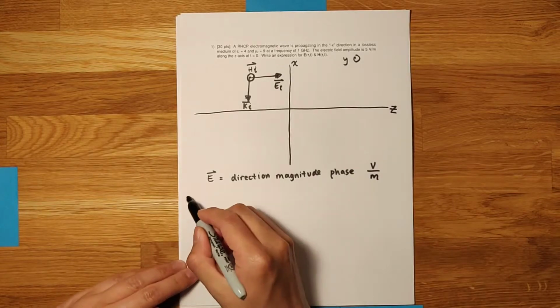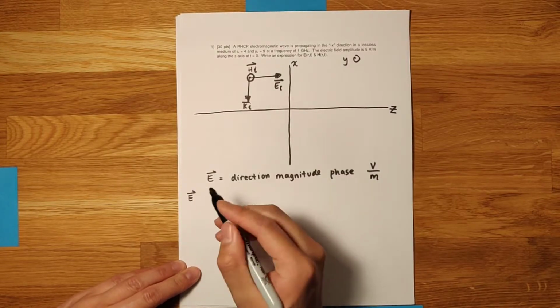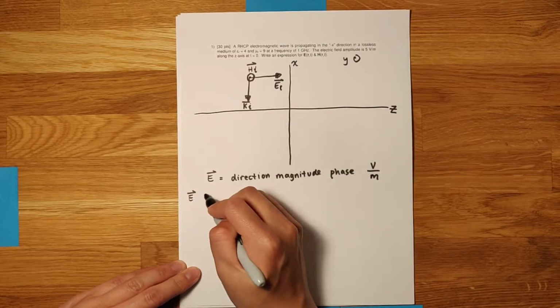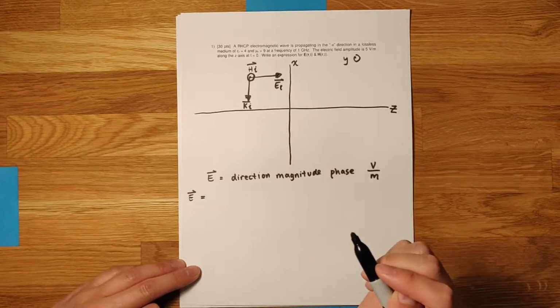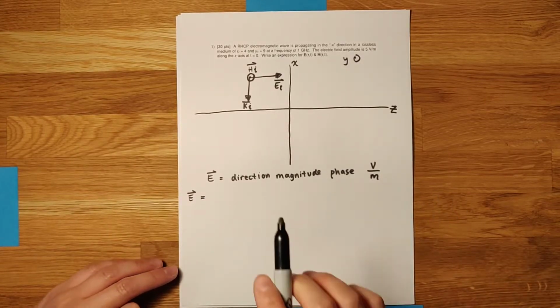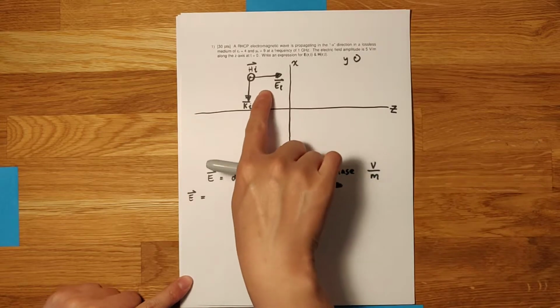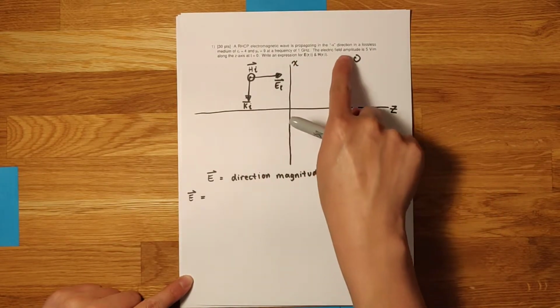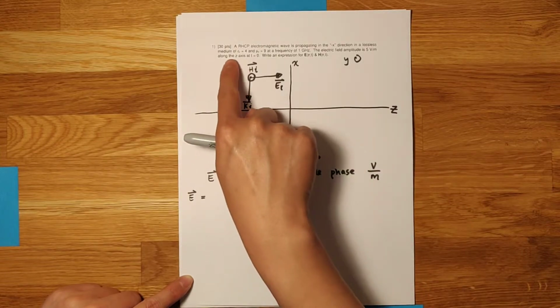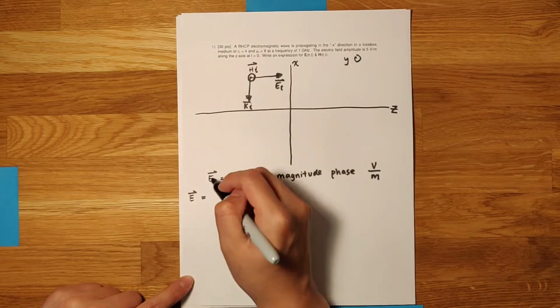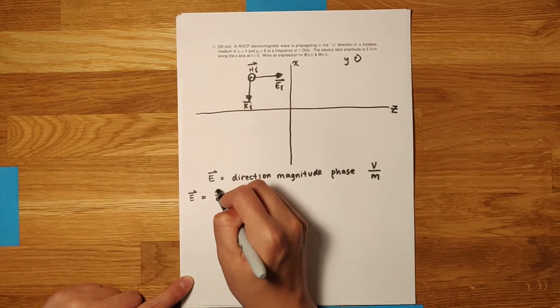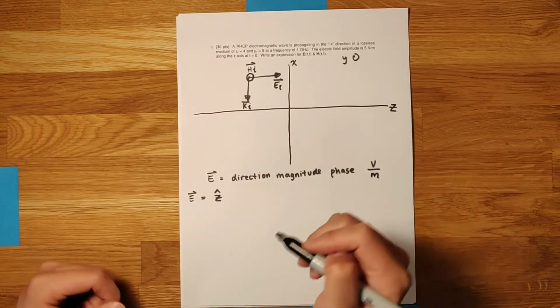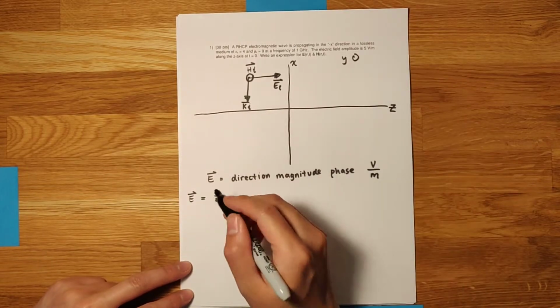So that means our E will simply be equal to the direction, which we know is in the z direction, which is shown in this diagram and also said in the problem, along the z-axis. So the direction is z hat times our magnitude, which is 5 volts per meter.